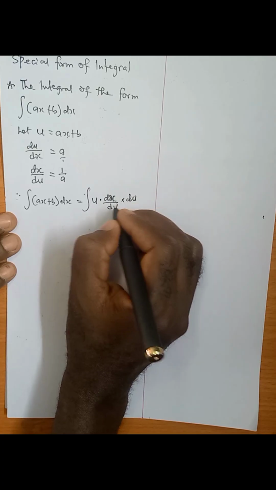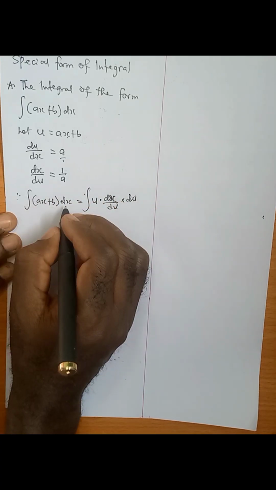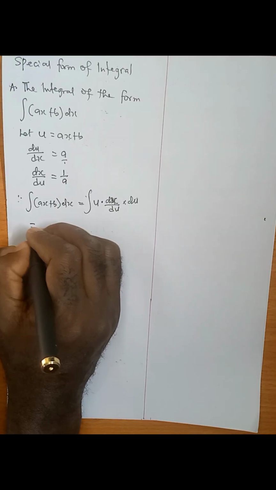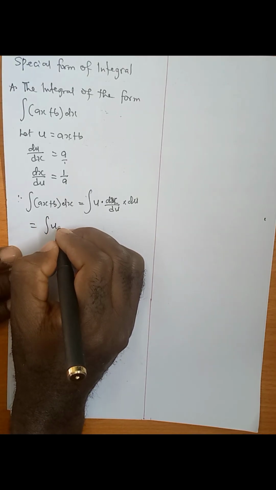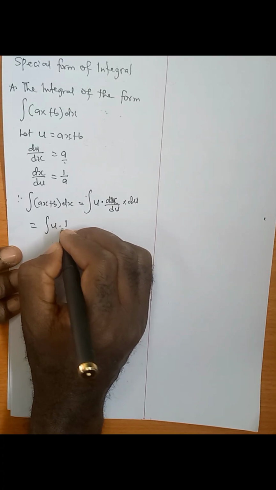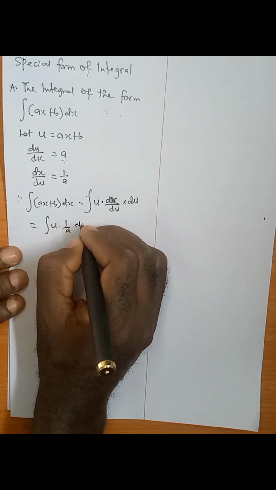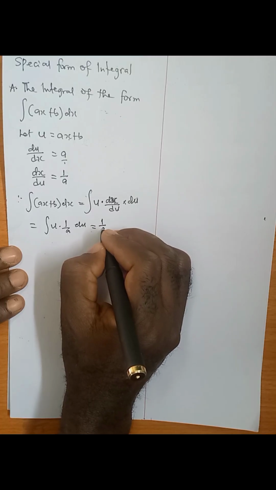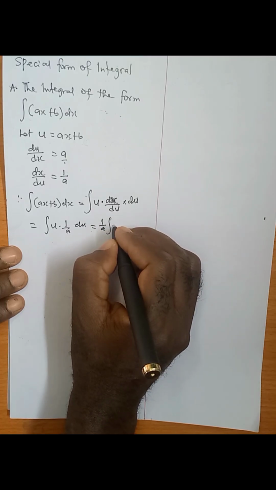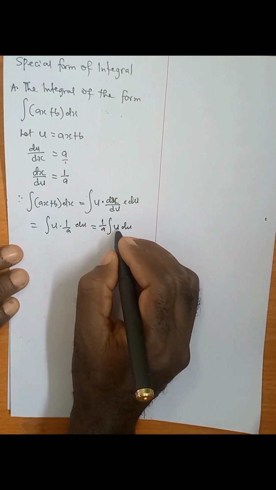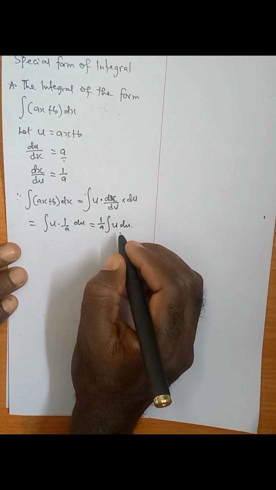You know, when this du cancels this du, we still have our dx back here. So we have not done anything wrong here. Then we now have integral of u times dx/du, which is 1 over a, then du. 1 over a is a constant, we'll bring it out, we have 1 over a integral of u du. Can you see, we have succeeded in changing everything to a u function.